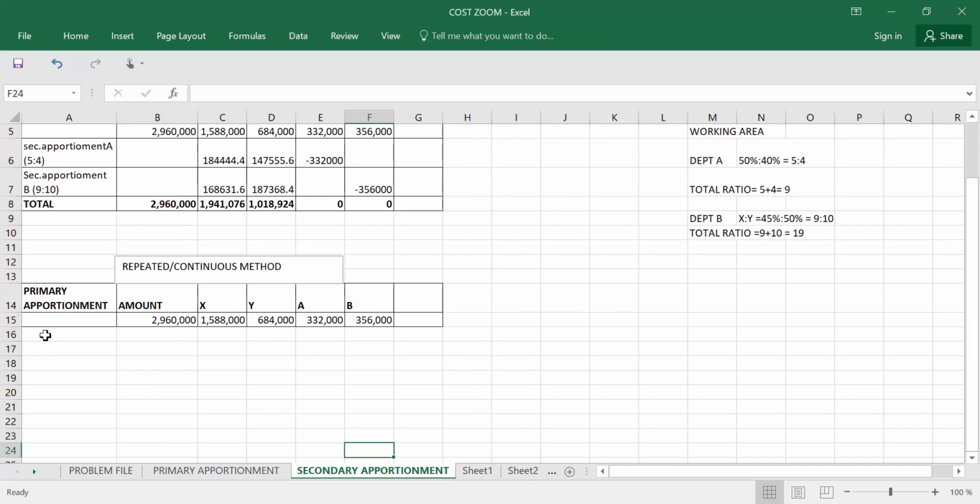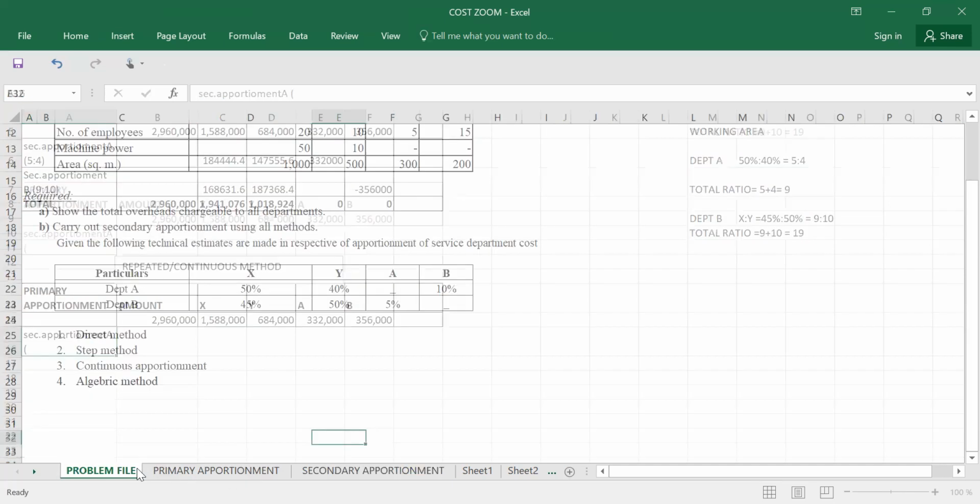Now, unlike in the other one, if department A starts to distribute in our secondary apportionment, the ratio is going to change. Now, look at this.